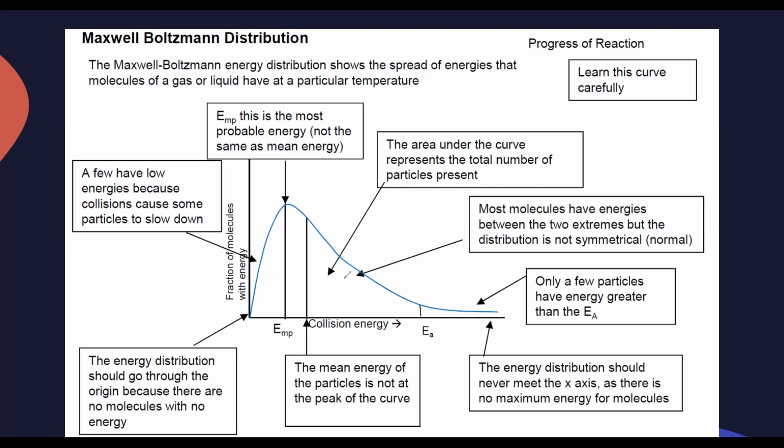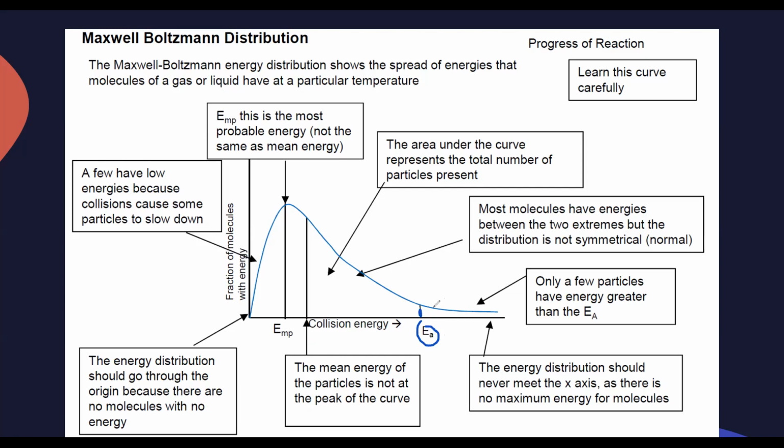And on the right hand side, most molecules have energy between the extremes, as it is not a symmetrical distribution, like most have energy near the average value. And what is activation energy? Activation energy is the minimum possible energy at which the reaction starts.